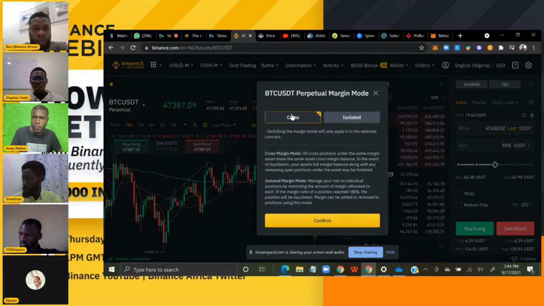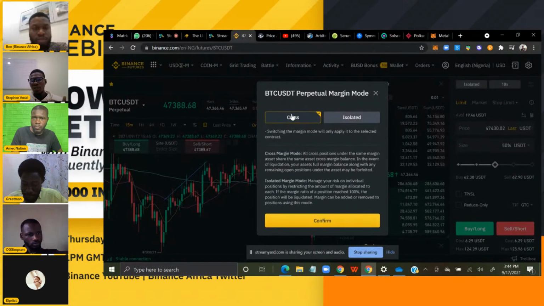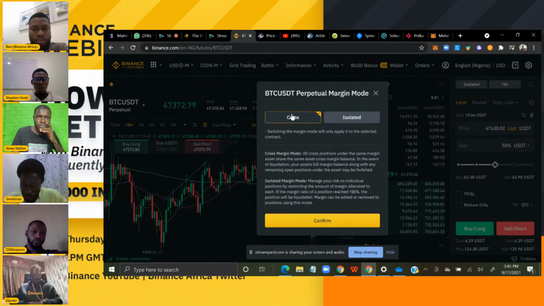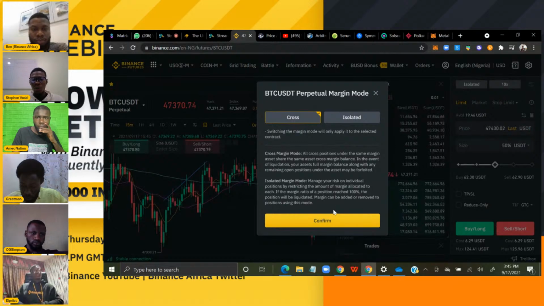The remaining 6 USD will be there, but it will serve as a hedge in case my trade goes wrong and starts going down. It will help bring down the liquidation price, to make it far.